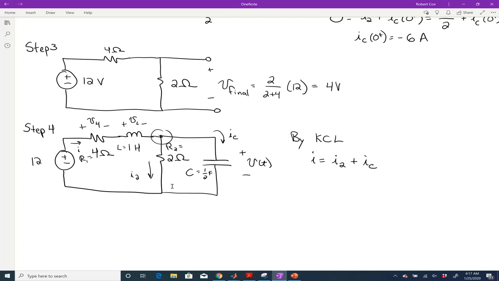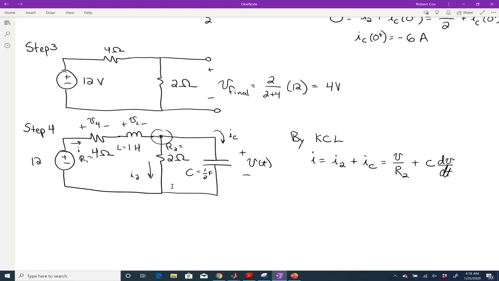So what do I know here? I know that I2 is equal to V over R2, right? It's equal to V over R2. And then IC equals C dV dt.